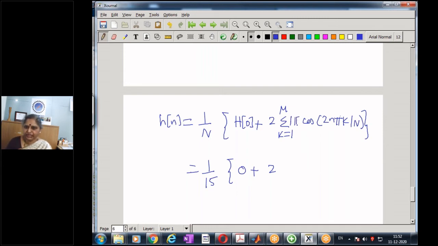All values of h of k are 0 except for k equal to 7, and for k equal to 7, the value is a 1. So it's a 1 and cos 2 pi n k, and k is 7 by 15.